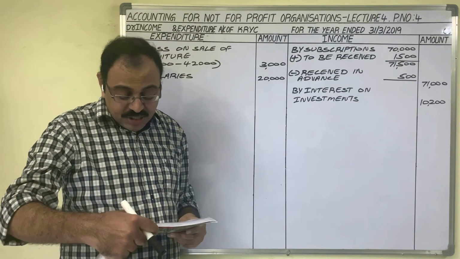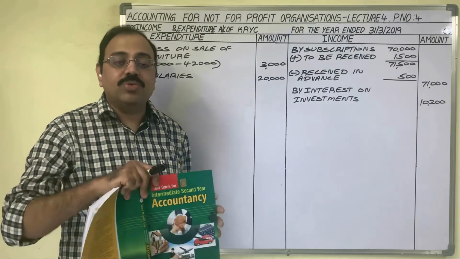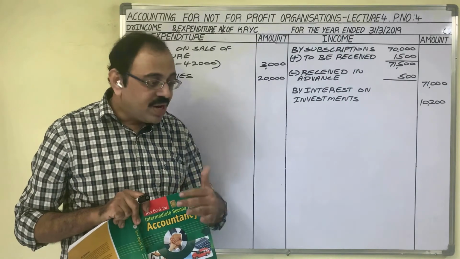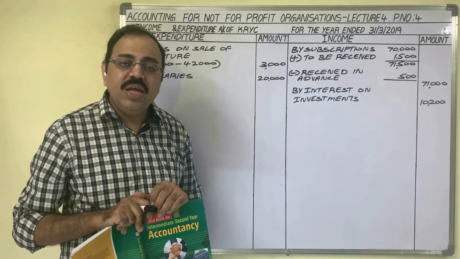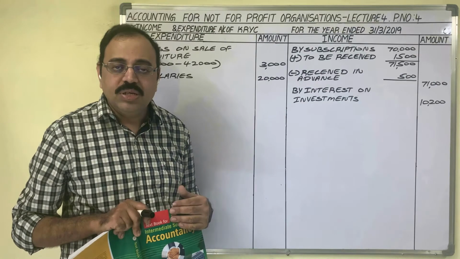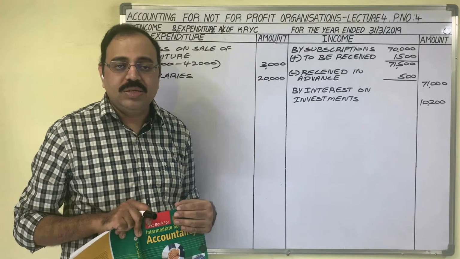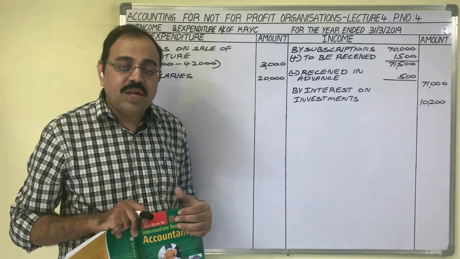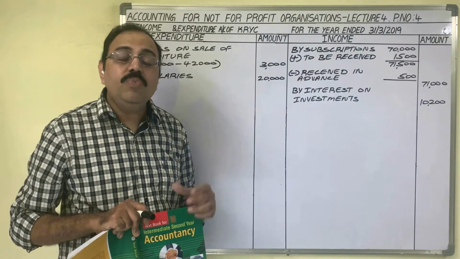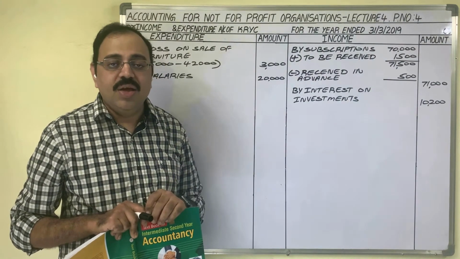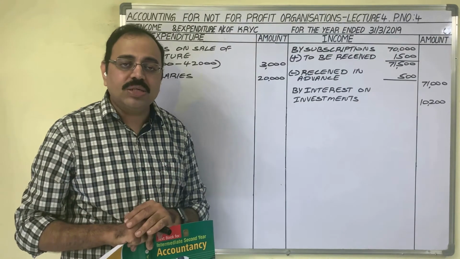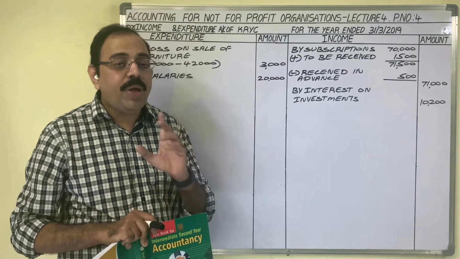Next, stationery and printing 20,000 rupees. So for our clerical work, regularly we need stationery items. Similarly, we may print some pamphlets, some tickets, some invoice books. So printing and stationery are regular expenses to us. Means revenue payment.